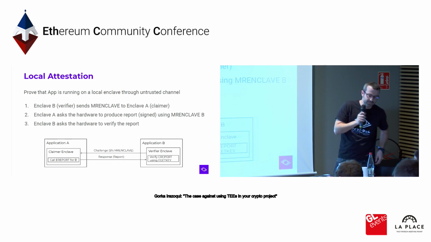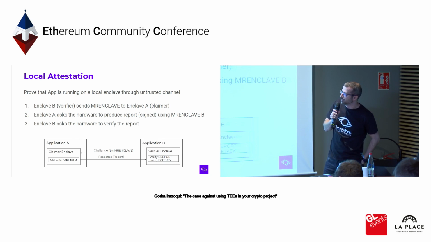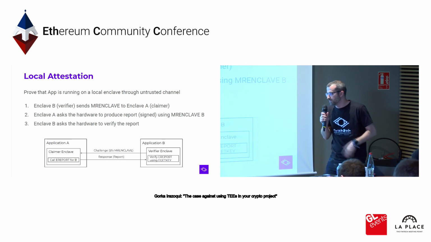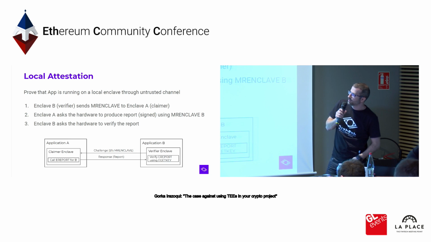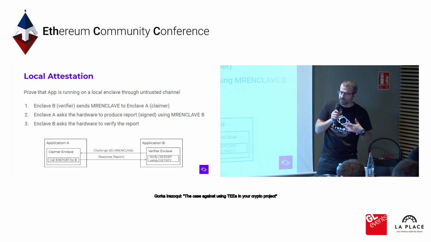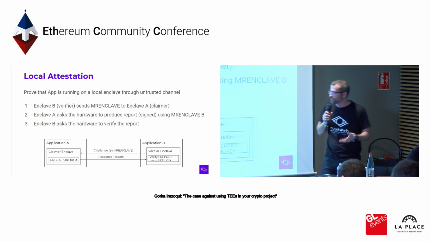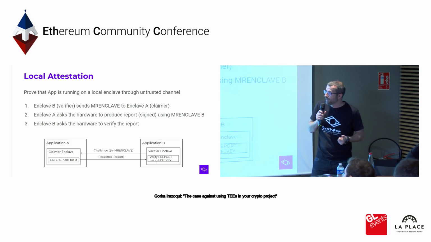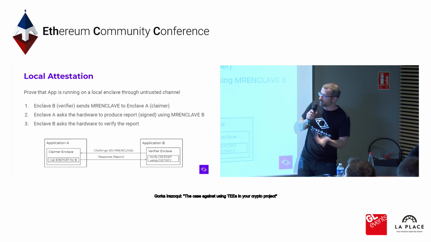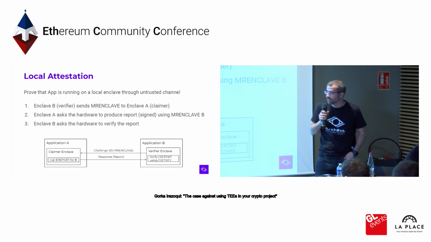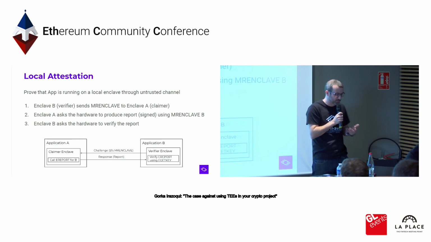It's based on a simple challenge-response protocol: enclave B sends a request to application A that is running in enclave A, and the enclave asks the hardware to produce a report that contains some information about the build, some logs of the enclave, how it was built and how it was initialized, and it's signed by a symmetric key provided by the hardware. Later on, it's sent back to enclave B, and it can also ask the hardware to verify those reports.